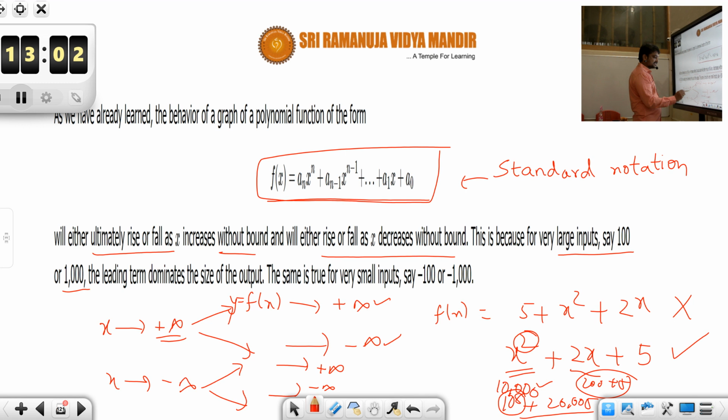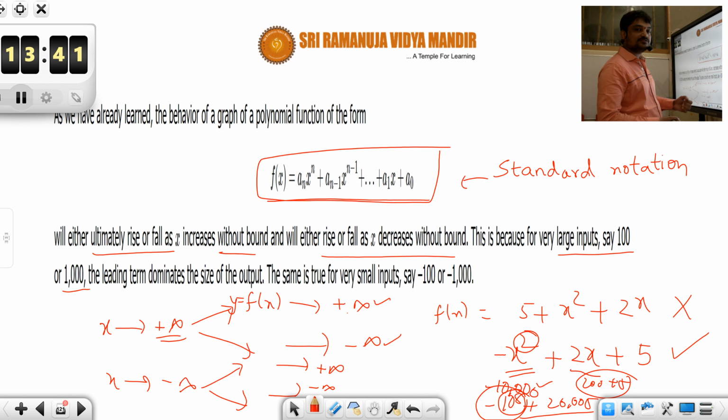See, this is falling in negative values, and they are becoming very, very large negative values. So as x keeps increasing to plus infinity, the value of the function keeps falling down towards minus infinity.